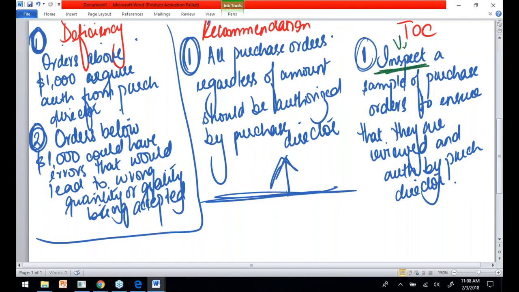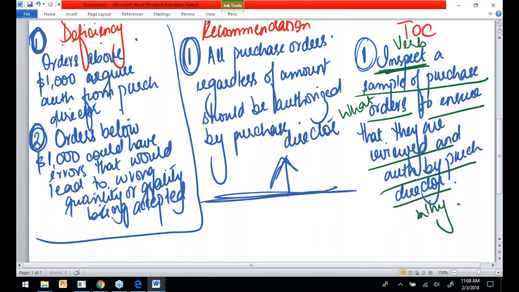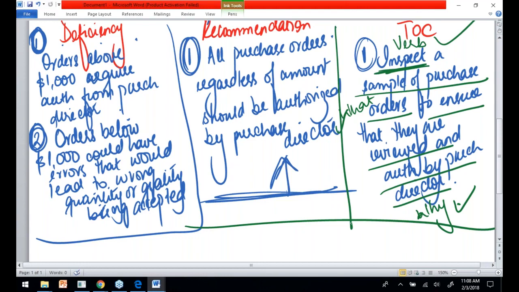Inspect being the verb, a sample of purchase orders being the what, to ensure that they are reviewed and authorized being the why. Verb, what, why. And you move on. That's it. Easy. Writing TOCs down should be very, very easy if you know exactly what to write.